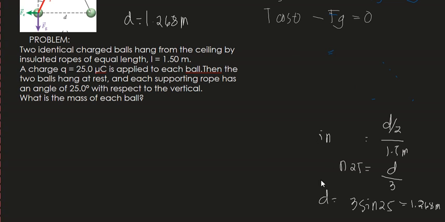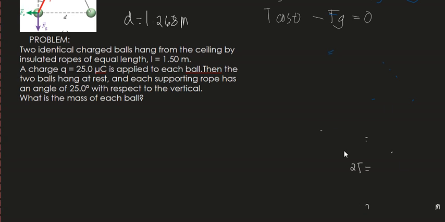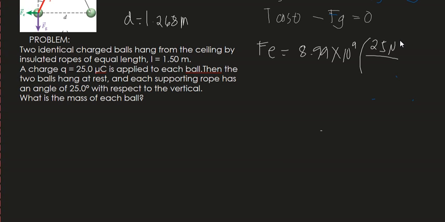Okay, so we now have the value of the distance, or our d. So we can now get the value of our electrostatic force, or our Fe. So let us solve for it. Fe is equal to 8.99 times 10 raised to 9 times Q, which is identical for both, so this is equal to 25 micro, squared, which is kQ1Q2 all over R squared.